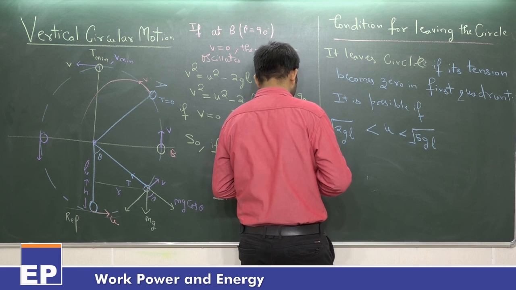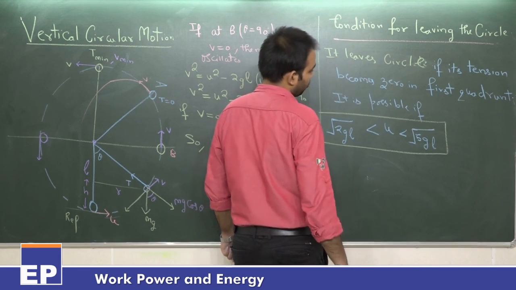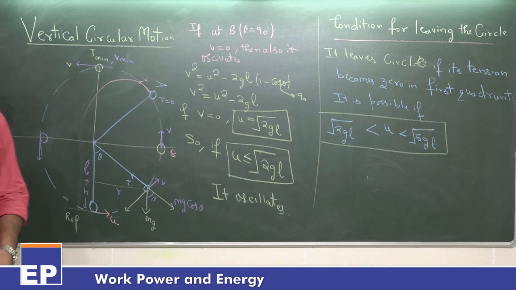If it is the case, then it leaves the circle and it will do parabolic motion. Is it clear? So this is the thing.